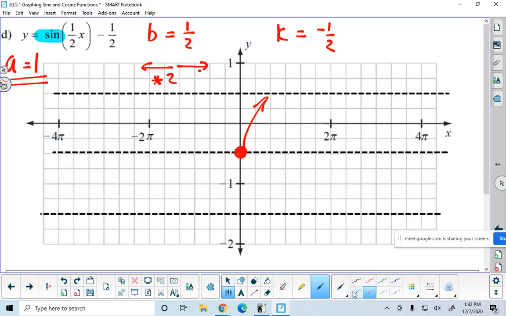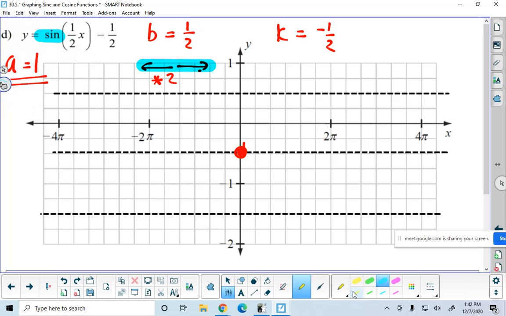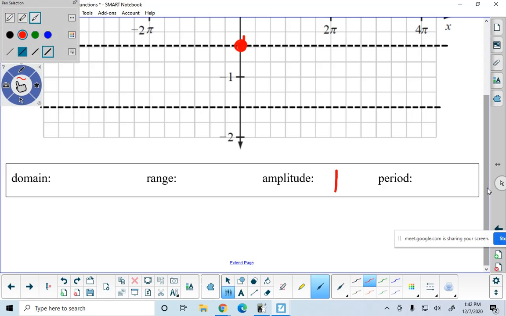Now what we need to do, though, is look at the fact that there is a horizontal stretch by a factor of 2. Normally the period is 2 pi. What that means is the period now is going to be stretched out and it's going to be 4 pi.